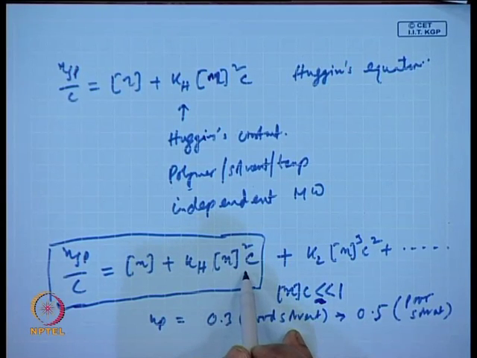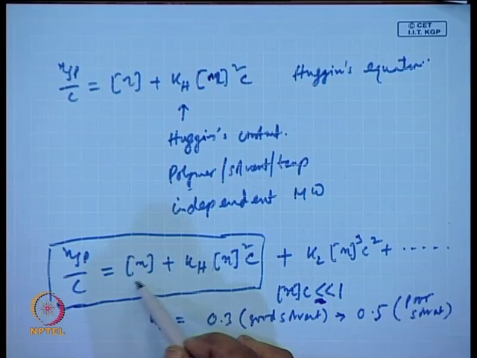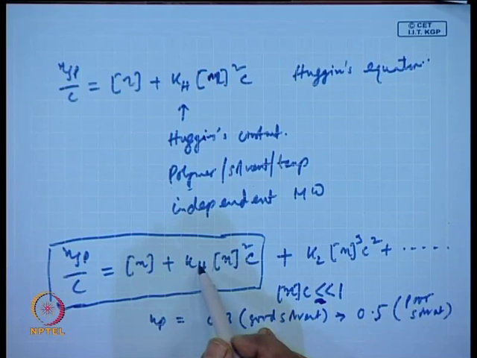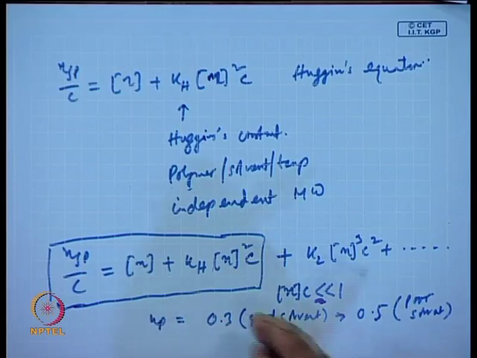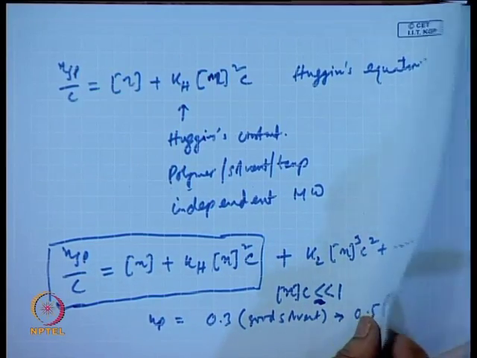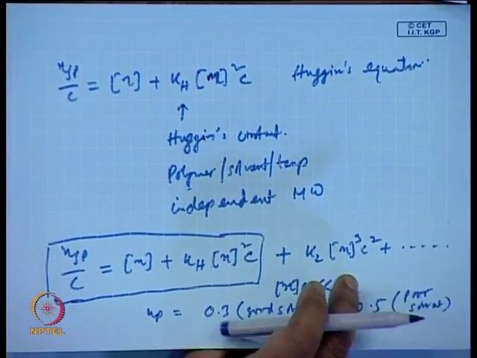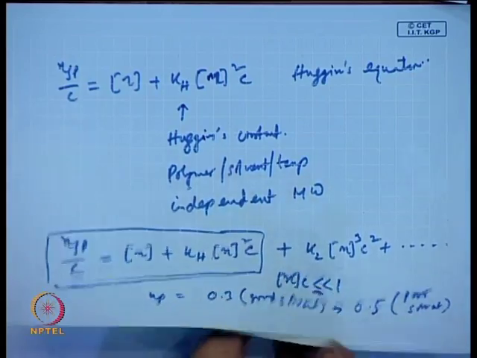C should not be very high, so the solution remains dilute. Then you can get the intrinsic viscosity from the intercept, and if you know Kh, you can get the value of molecular weight directly.